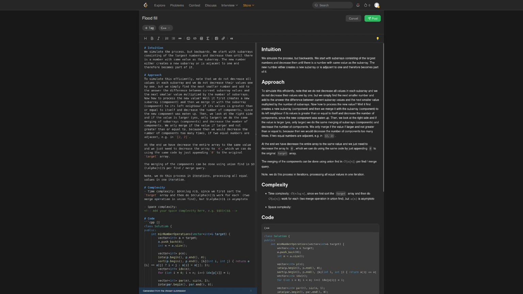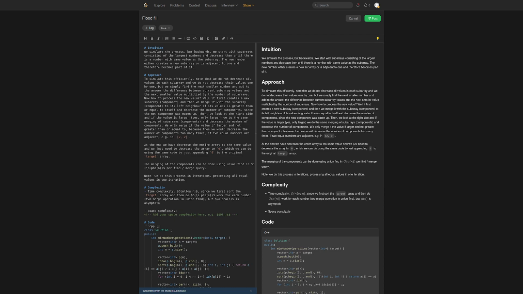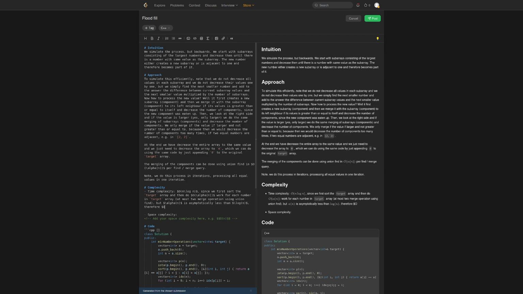For each iteration, for each number in the target array, at most two merge operations, union find asymptotically less than log n, and therefore O of n log n. Plug and play.